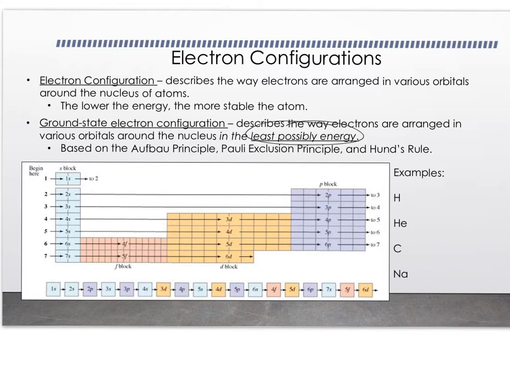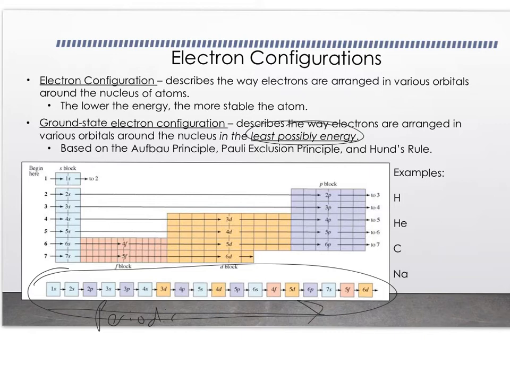I handed you guys a periodic table handout that needs to be glued in where you write these notes, because that helps you identify the order of your atomic orbitals. You have to memorize the increasing order based on the S, P, D and F blocks. So we talked about the sphere, dumbbell, and lobe-shaped orbitals.